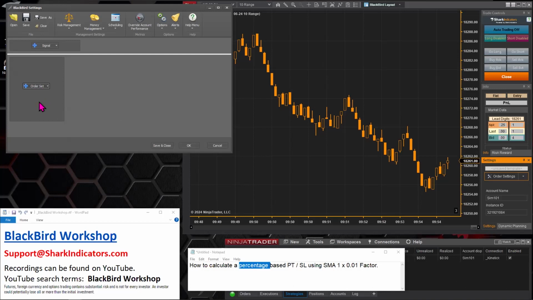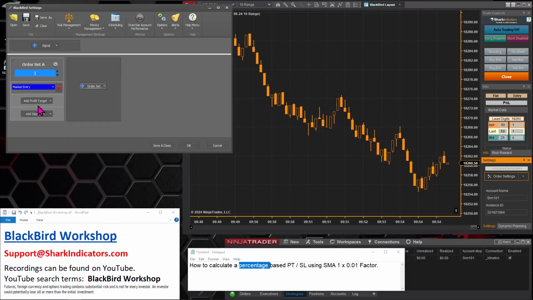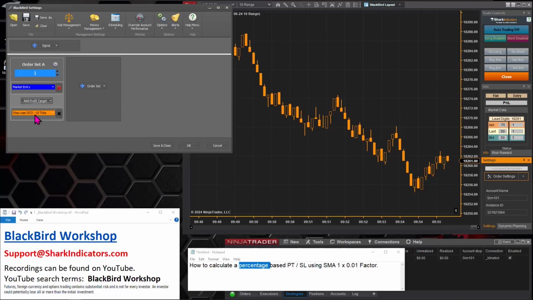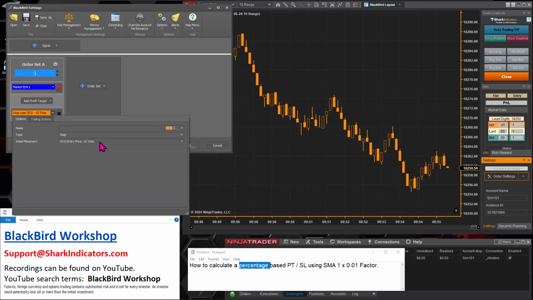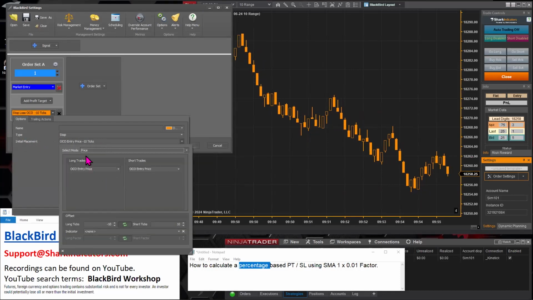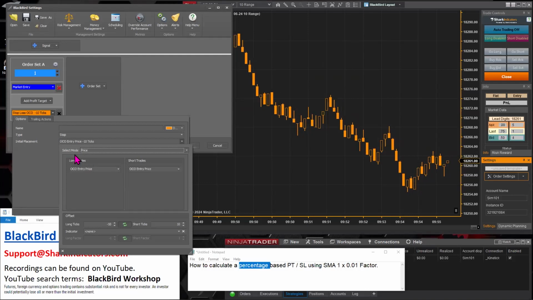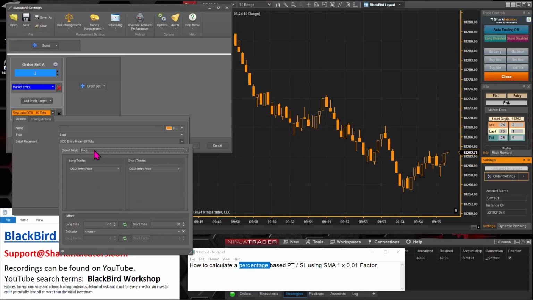So let me get this up here so that we're all on the same page and know what we're talking about. There we go. All right, I'll just pick the 10 tick stop loss there. When you open up the stop loss, and we open up the initial placement, this menu is multifaceted.